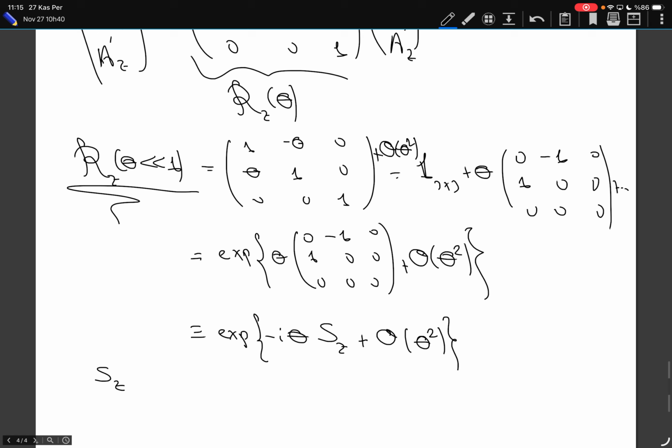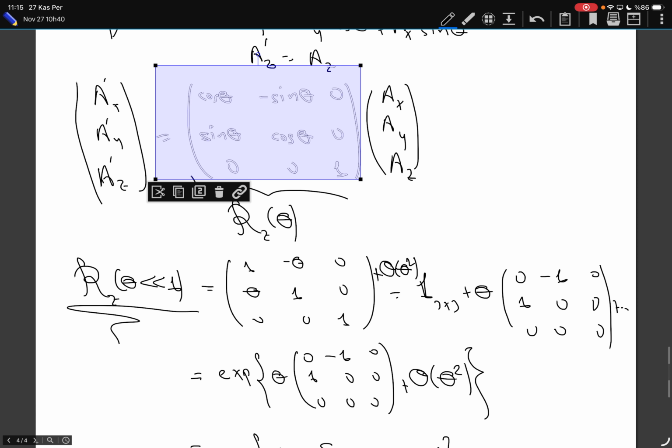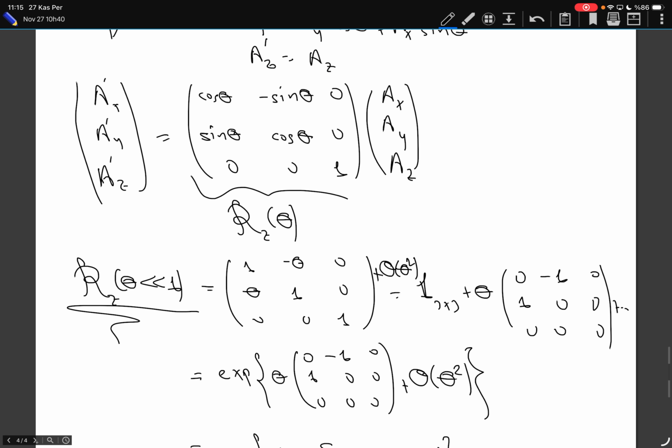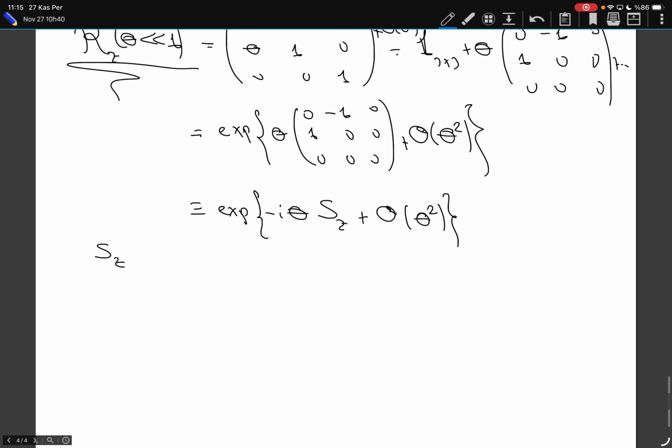The only thing I know is Rz of theta, which is this matrix over here. By just Taylor expanding in theta, I know that I can write it as the exponent of minus i theta Sz plus some possible corrections of the order of theta squared. Now, Sz would be the matrix 0, minus i, 0; i, 0, 0; 0, 0, 0. And now I can write Rz for an arbitrary theta.